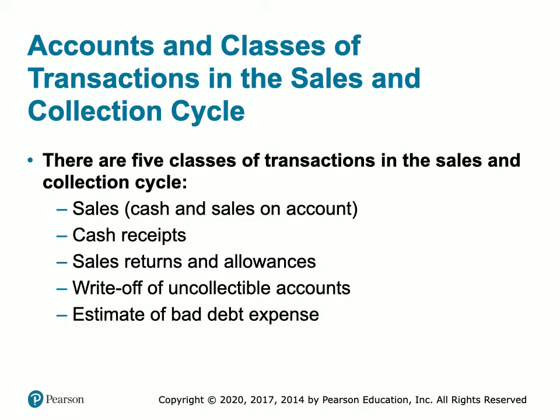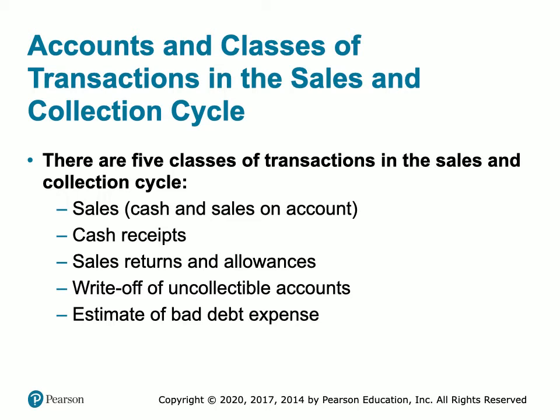So these are the things to think about when you're dealing with the transactions that flow through the sales cycle. Sales returns and allowances, there's a couple things in there that I'll go deeper on that are not in the textbook. Those are related to different types of charges that may reduce your sales dollars or may reduce your accounts receivable balance.